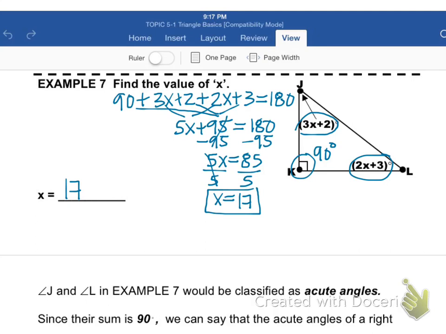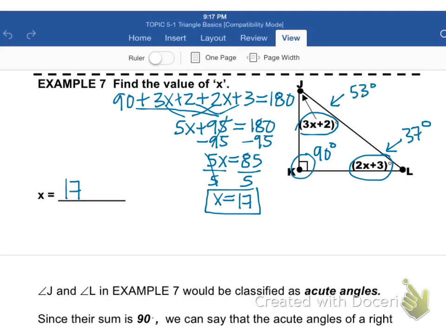If we plug in x with 17, 2 times 17 is 34, plus 3 would be 37 degrees. And if we were to plug it into angle J, 3 times x plus 2, 3 times 17 plus 2, what's 3 times 17? 51 plus 2 would be 53.